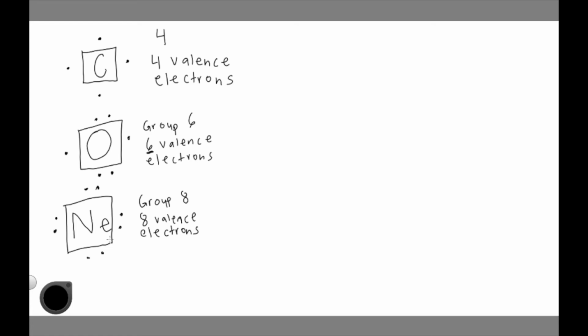So since neon has 8 electrons in its valence shell, it's stable and it tends not to react.